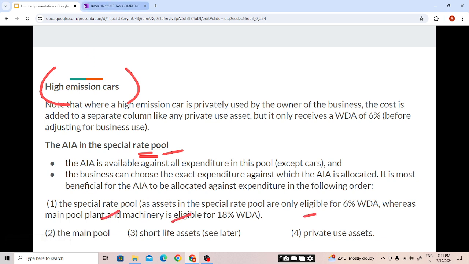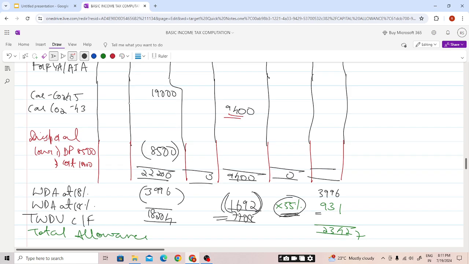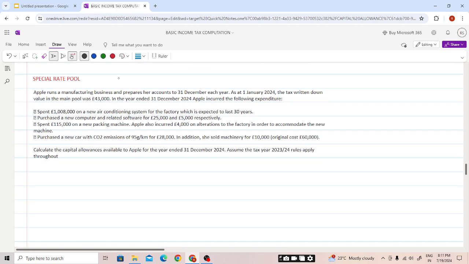Now students will do a question so that we have a better understanding of the special rate pool. Apple runs a manufacturing business and prepares her accounts to 31st December each year. So it will be 1st January 2024 to 31st December 2024.